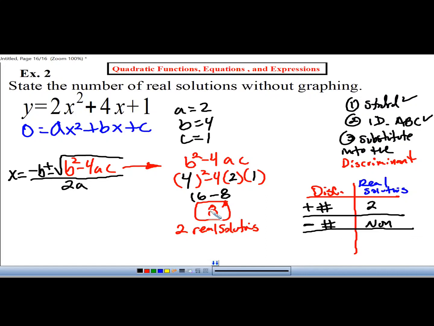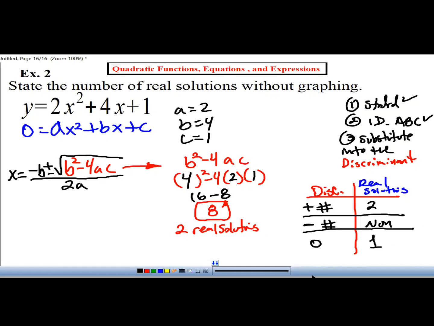However, if this number is 0, then you end up with 1 real solution. This is what's going to help you determine the real solutions in the quadratic equation.